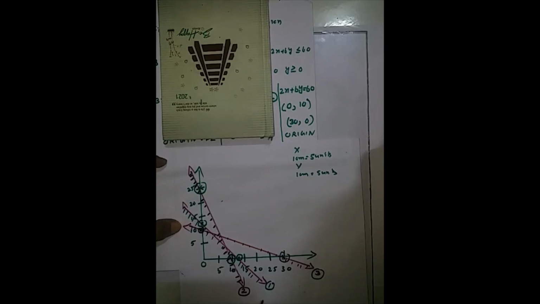Now see which one is the common shaded portion. Equation number 1 downward, equation number 2 downward, equation number 3 downward. What will be the common shaded region? That only you shade clearly.